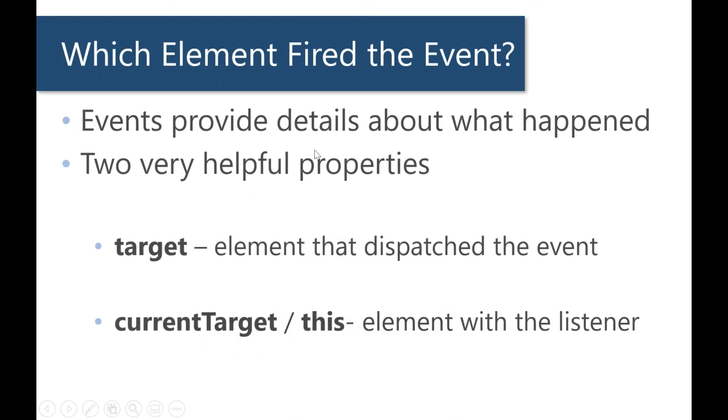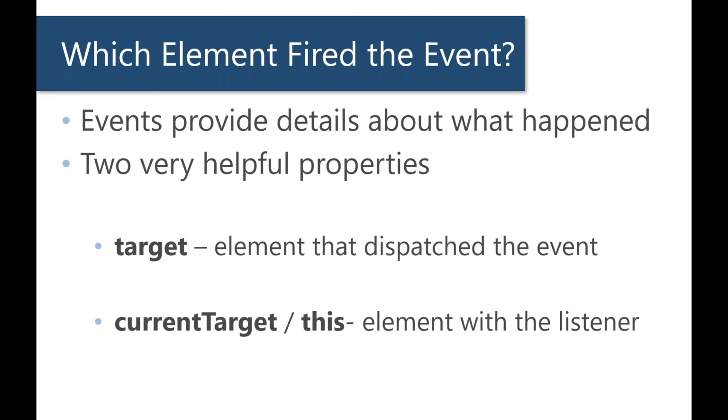So how do I know, in this event bubbling scenario, which element actually fired the event, or what was the most nested element that I clicked on? And remember, I said earlier that events will provide details about what actually happened.